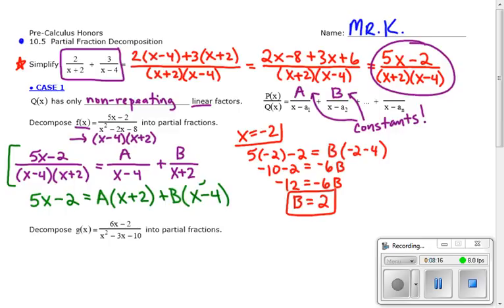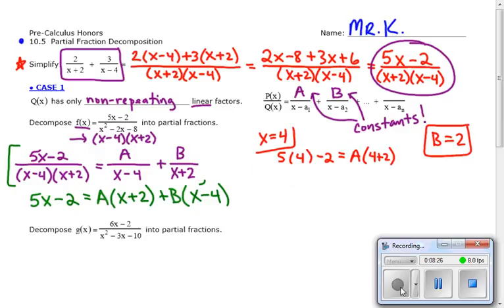All right, so if you don't mind, I'm going to erase my current work that's in red and substitute x equals 4. And if you need to pause to have a look, do that. So you see, if I plugged in 4, I would have 5 times 4 minus 2 equals, and then this time 4 would plug into the a term, but it would kill the b term with a 0. And so we would solve this.